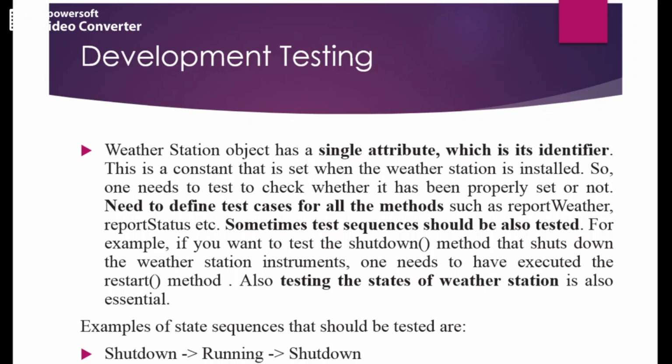Then another test sequence: configuring to running state, from running to testing state, testing to transmitting state, transmitting to running state. You saw this sequence in the state diagram, so you have to test whether it goes in that same order or not.